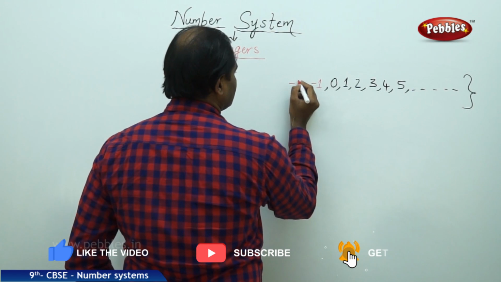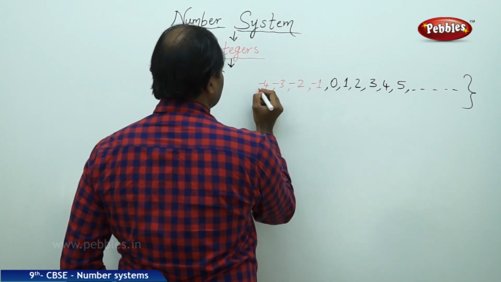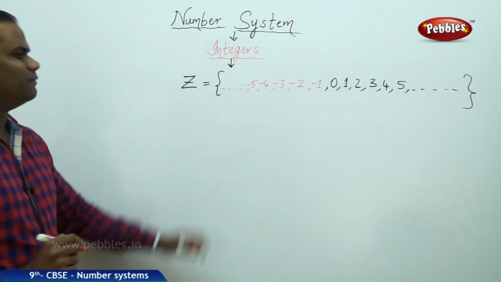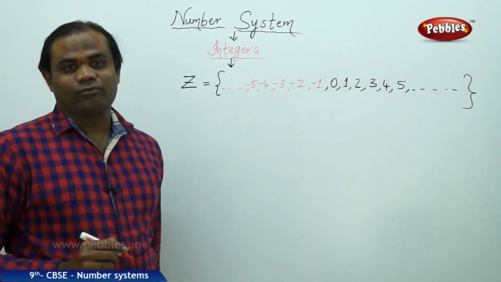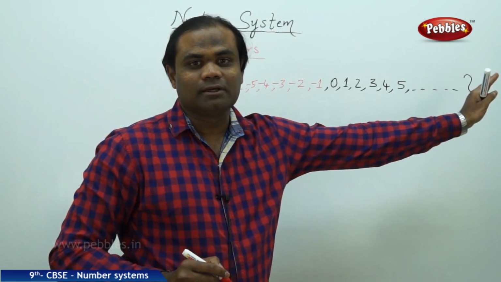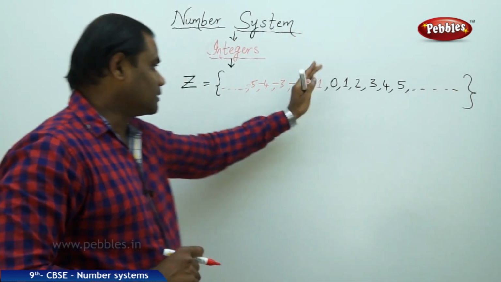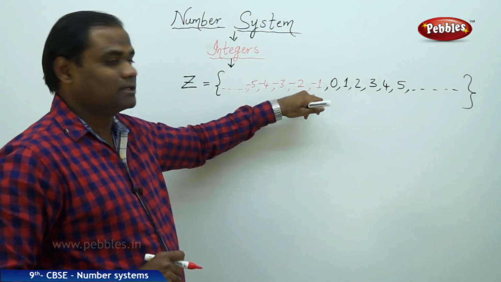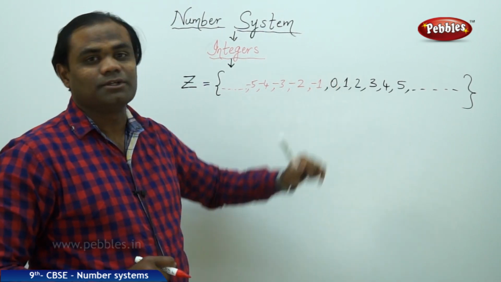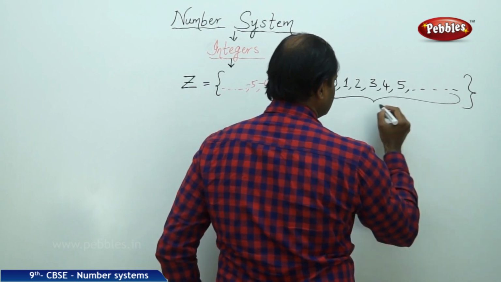Minus 1, minus 2, and so on, is how we frame the complete set of integers, with the positive side being the natural numbers of the positive sign, and the left side being the negative numbers of the natural numbers which are negative in sign, divided by 0.